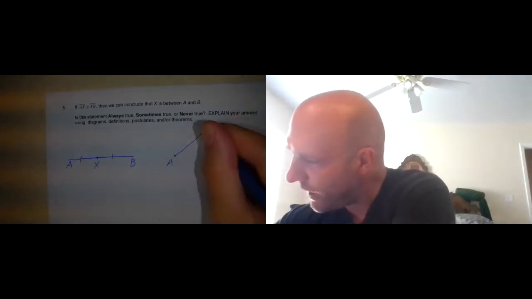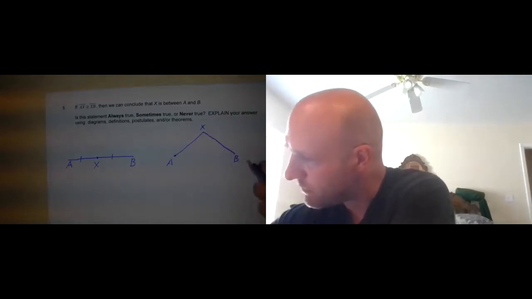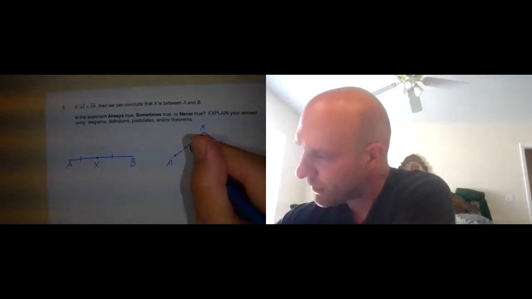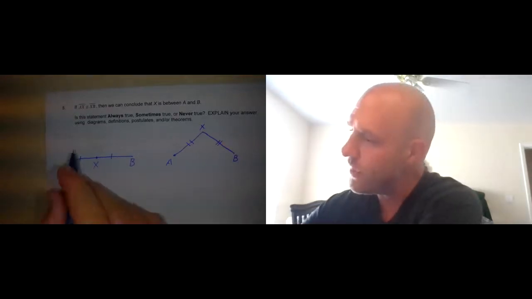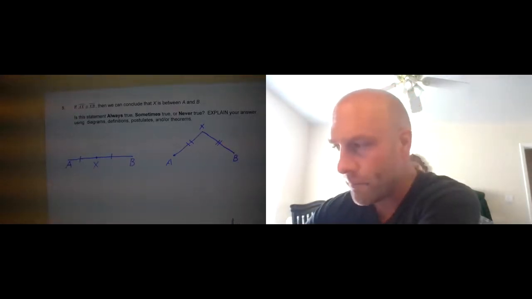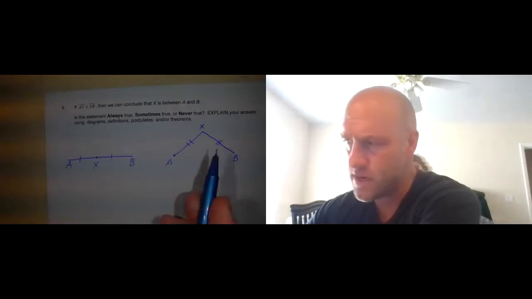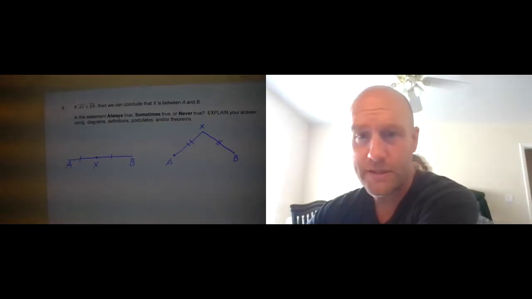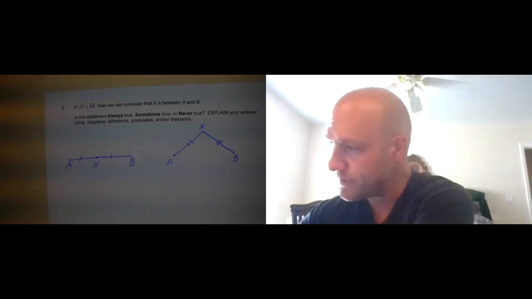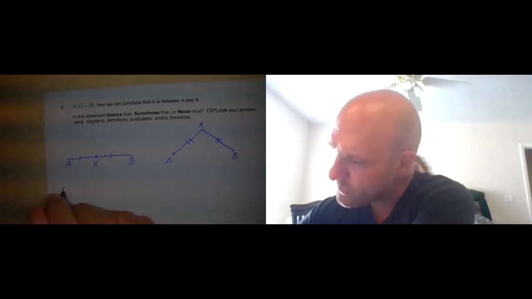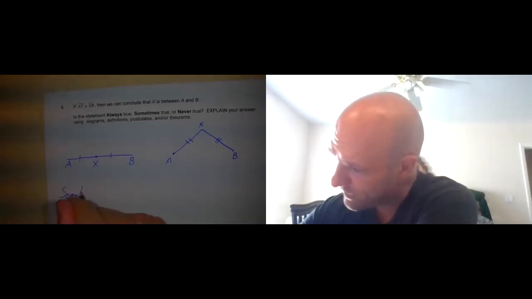So I could do A, X, and B, and I'll mark those as being congruent to each other, although not necessarily congruent to this example. And now X is not between A and B because the geometric definition of betweenness implies collinearity. So my answer, of course, is sometimes.